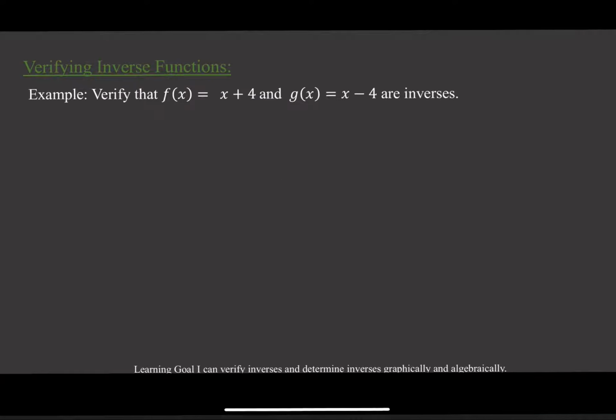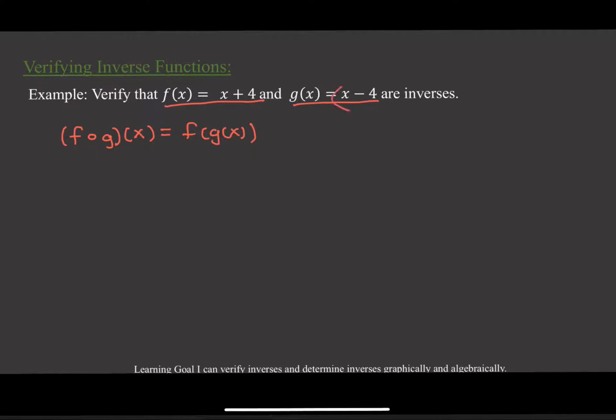So let's look at an example where we're going to apply composition to see if two functions are inverses of each other. We've been looking at the function f of x is x plus 4, and let's verify that it is an inverse with g of x equals x minus 4. And so again, to check this, I need to find both of the compositions between f and g. So first I'm going to find f composed with g of x.